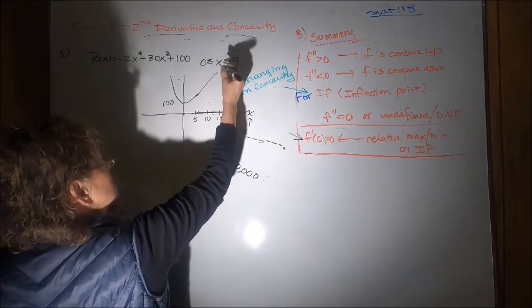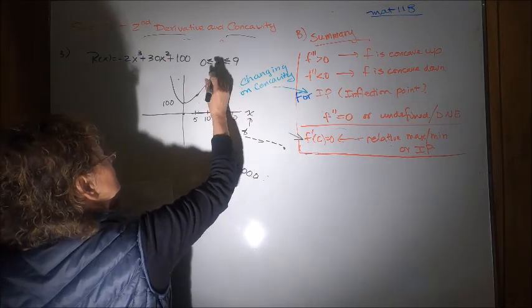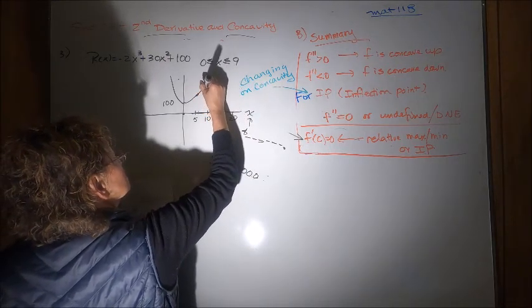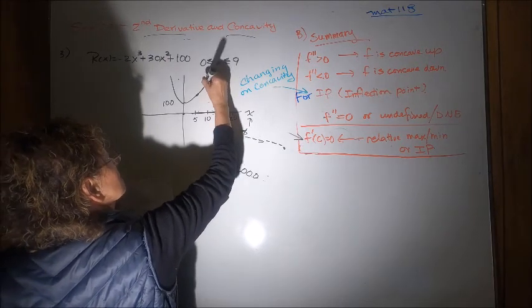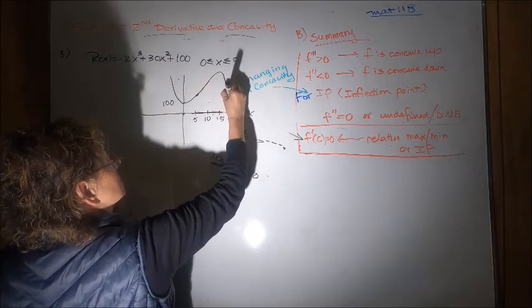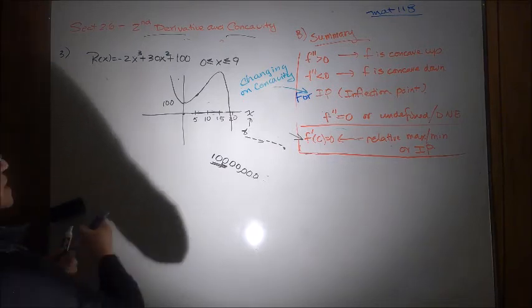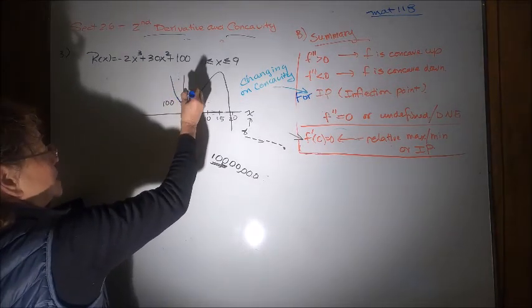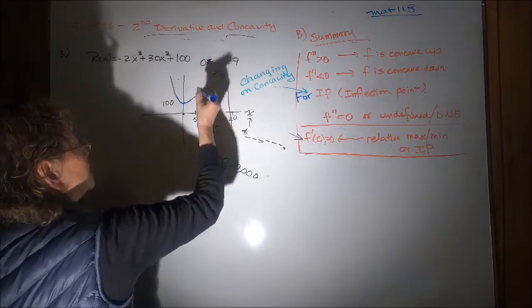All right, so your graph would look like this one. Okay, so you take a look. Here would be concave up. This would be concave down.